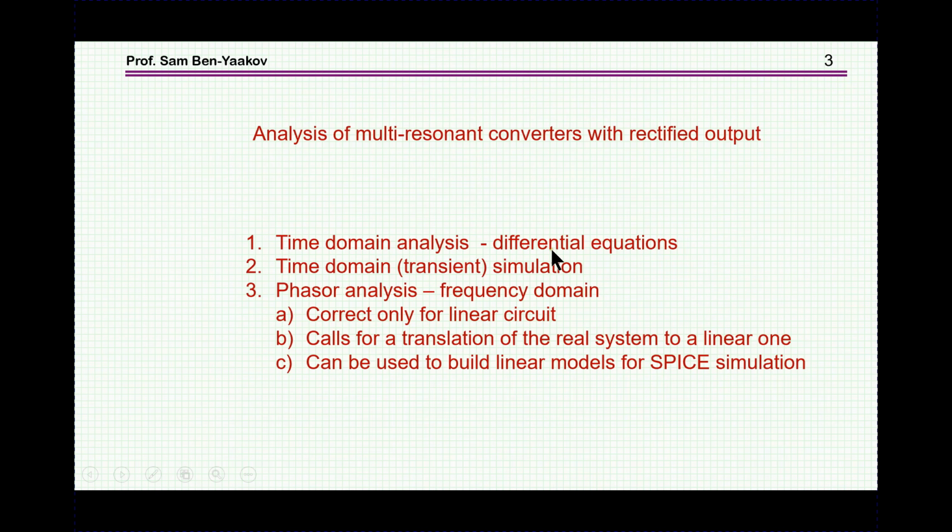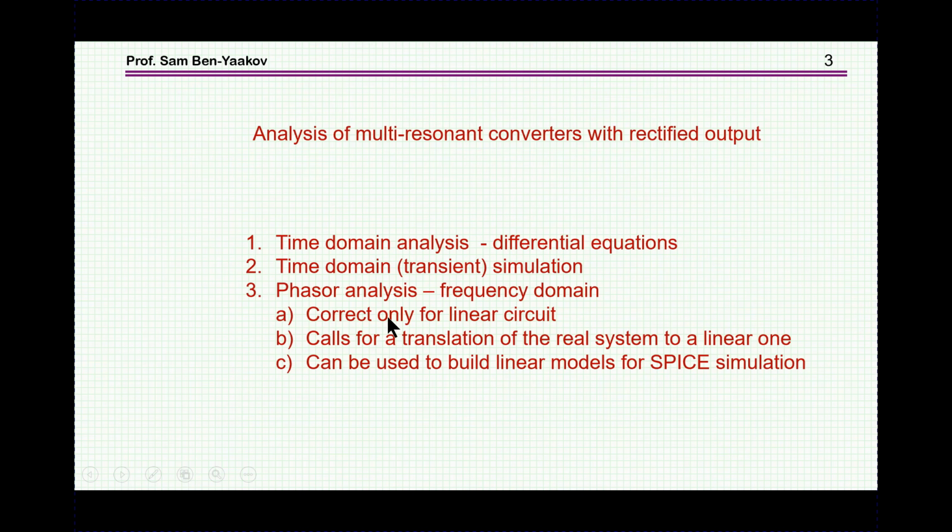But to me, this is really not a very useful engineering tool because what you can do with the time domain or the differential equation analysis, the analytical analysis, you can do with time domain simulation. You can just get the results immediately. You don't have to go through all this development of the equations to see the waveform. You can just run a time domain simulation.